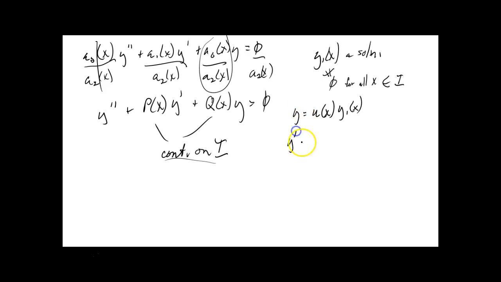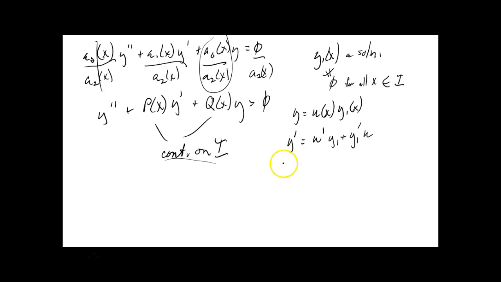What would that be? Y prime would be, you can leave off the of x's if you want to, u prime y1 plus y1 prime u. Right? Okay. Product rule.